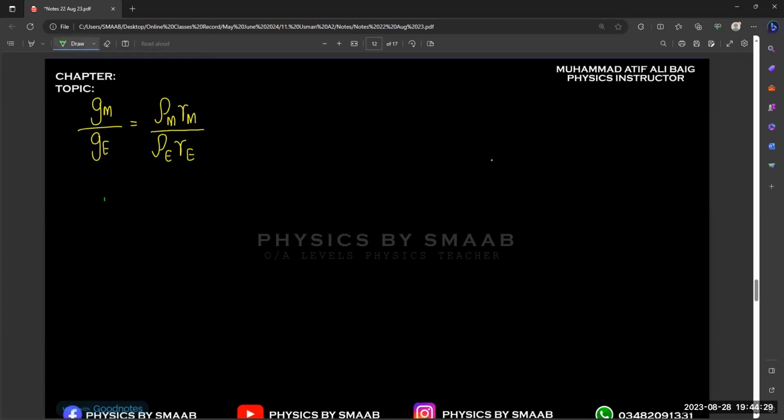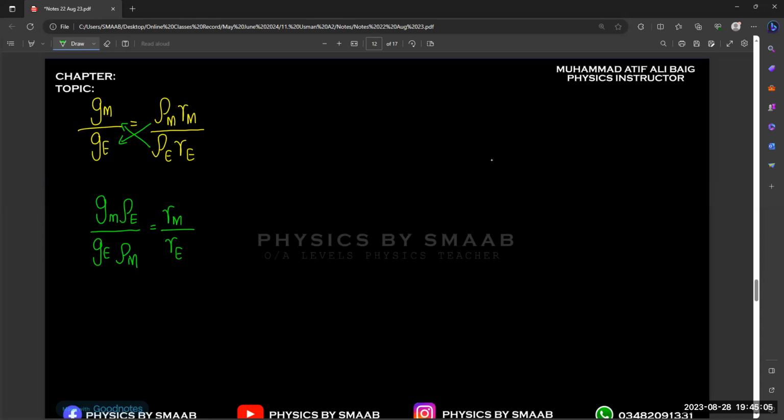So you will get g multiplied by density, right? And this value will cross multiply over here. So you will get, automatically on the right hand side, the radius of moon divided by the radius of earth, right?